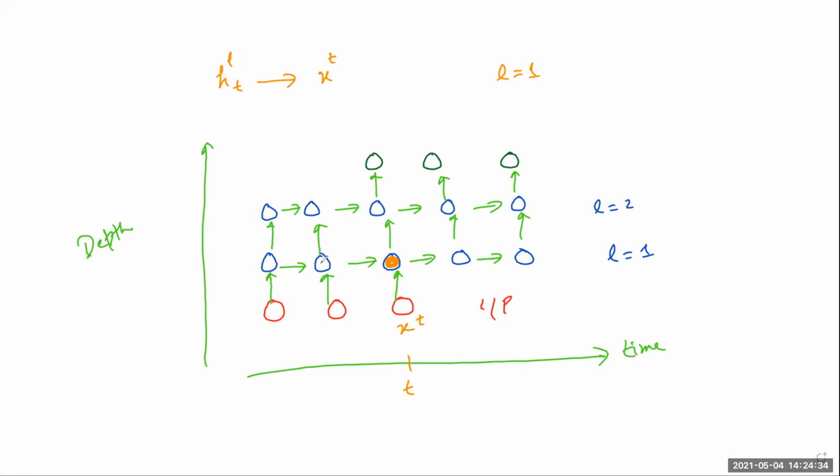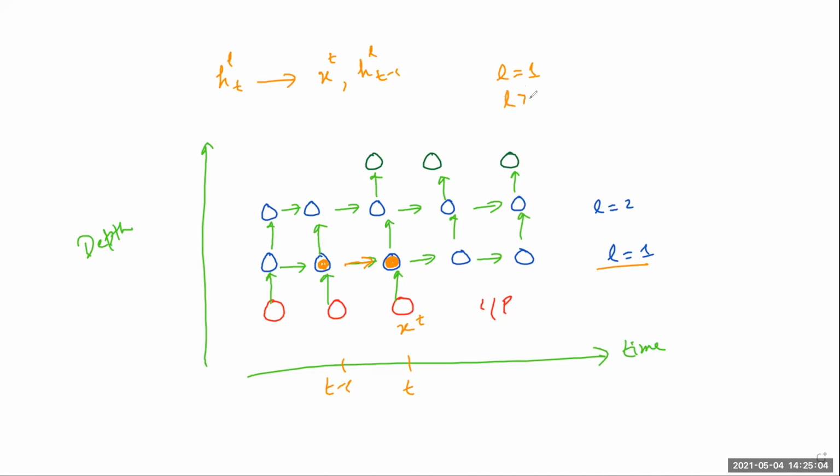And it is also dependent upon the hidden state at the same level, but at t minus 1. Because this green arrow is the same layer, hidden layer 1, but time t minus 1. So it is dependent on x_t, and on h_(t-1) at the same layer. I am using two notations: L is for layer, t is for time. So for the first hidden layer we have this.